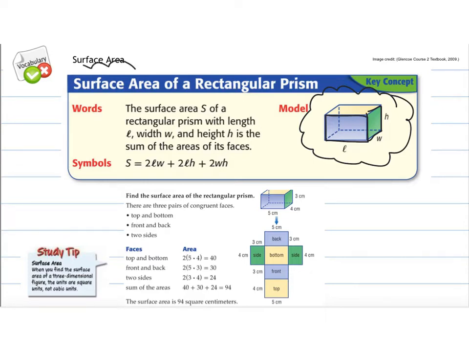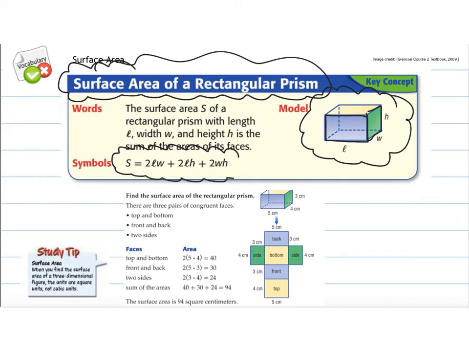So write down surface area of a rectangular prism, and then you're going to write this as the formula. So basically what we're doing is we're adding up all the sides of the area of the rectangular prism.